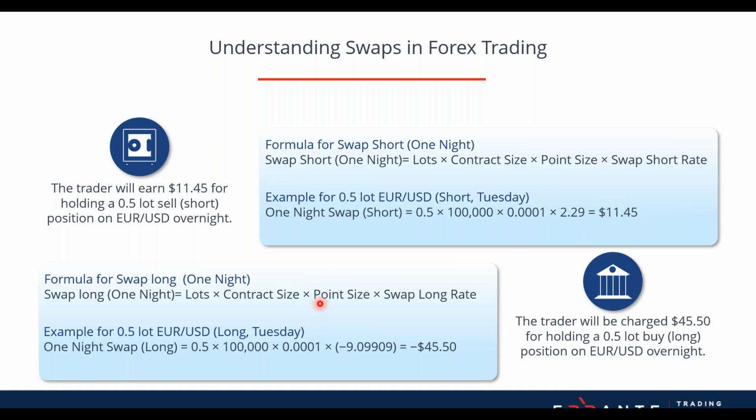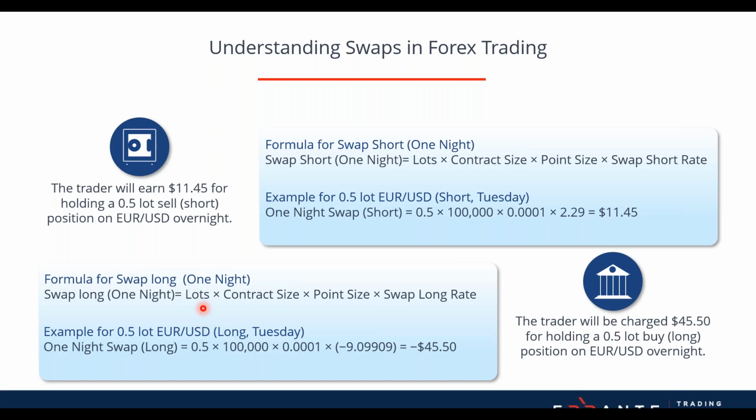Similarly, the formula for swap long for one night is the size or the amount of your trade in terms of lots times the contract size times the point size times the swap long rate.